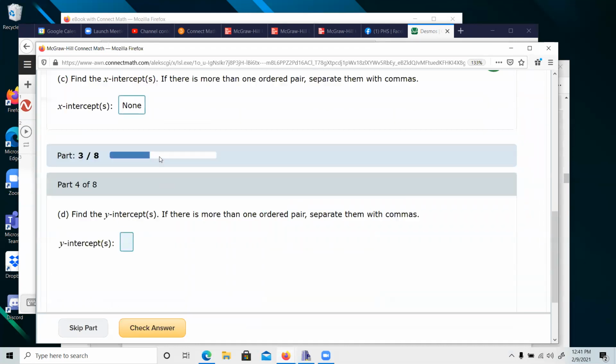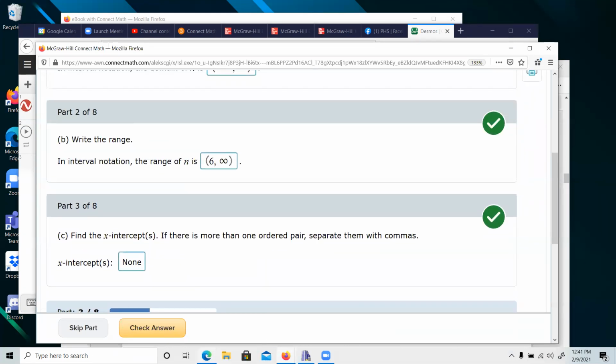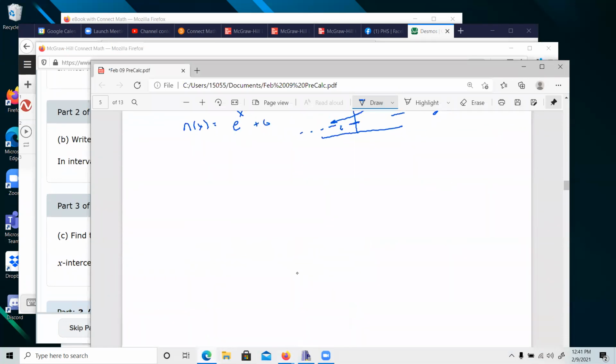Y-intercepts. Y-intercept is when x equals 0, what is y? So be careful about this one, okay? Because y is equal to e to the 0 plus 6.